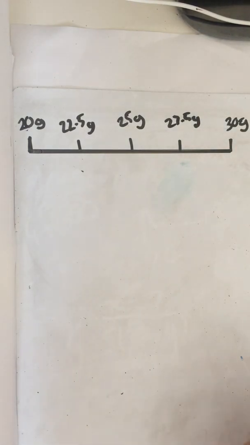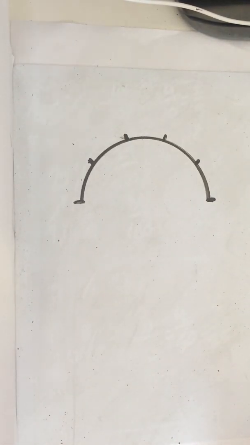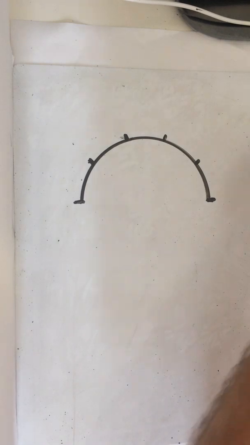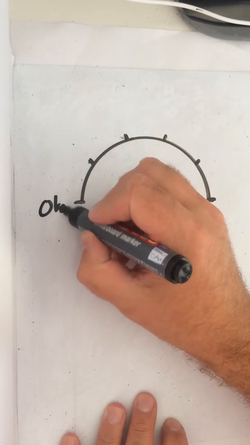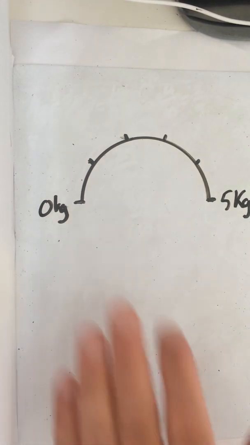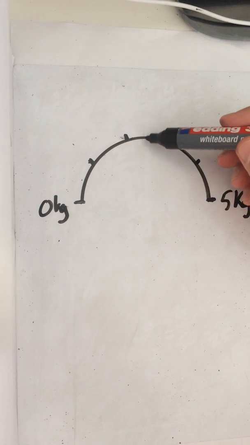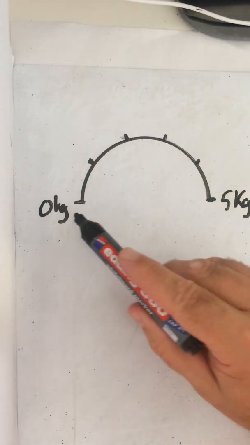Right, very often scales will look more like this. Say, for example, you've got 0 kilograms here, and you've got 5 kilograms here, and you want to know where each one is. Now, we haven't got a nice halfway mark, so let's have a look.